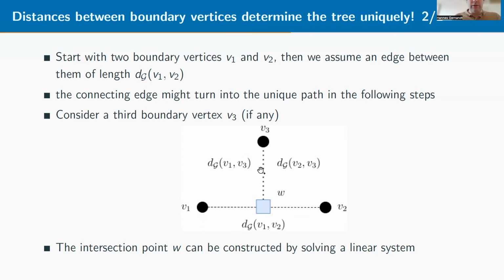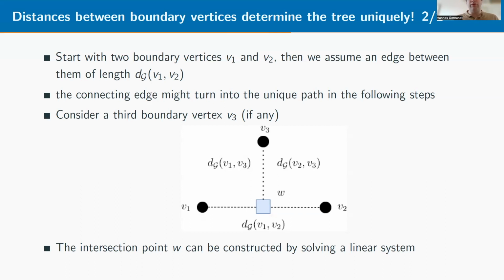And the idea is that if you know all these distances and assume that there is some additional vertex W, then you can just calculate the distance. And you can determine a unique point W just from the distances. And so you will get some star graph here. And this procedure can be repeated.